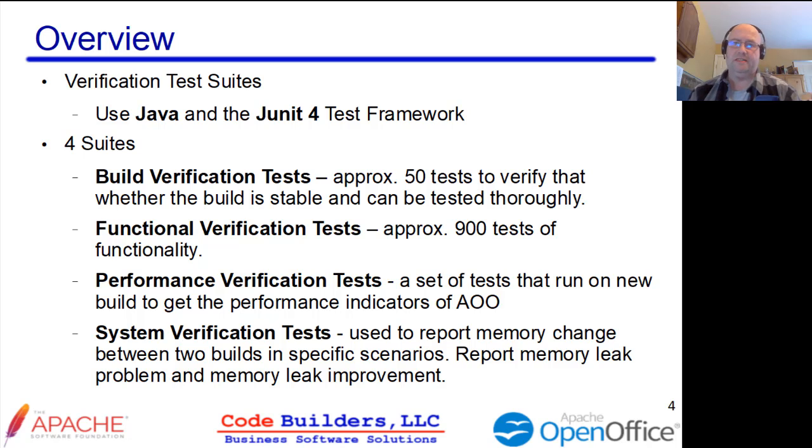That's a small group of tests, around 50, that verify whether the build is stable before you spend any more time doing manual testing or automated functional testing, which is the second group there, the functional verification test. There are almost 900 tests in that suite, and that goes through a lot more functionality. And then there are the last two, the performance verification test and the system verification test.